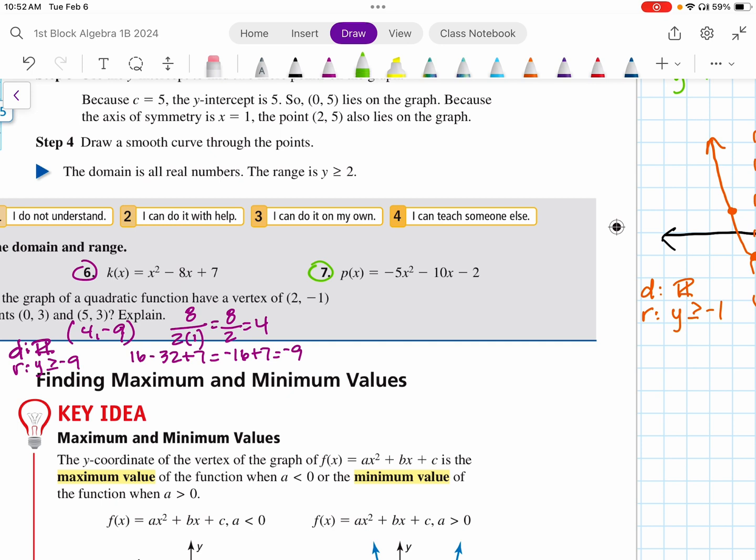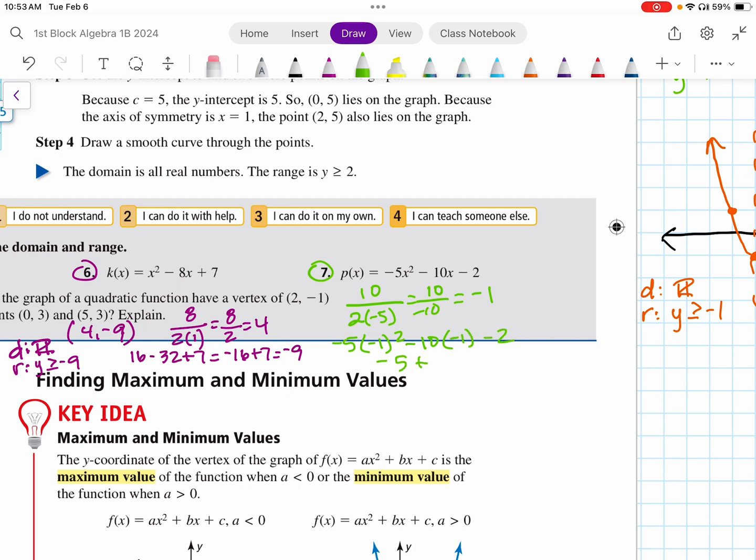For number 7, axis of symmetry, the negative of negative 10 is positive 10 over 2 times negative 5. 10 divided by negative 10 equals negative 1. Now we plug negative 1 back in. Negative 5 times negative 1 squared minus 10 times negative 1 minus 2.